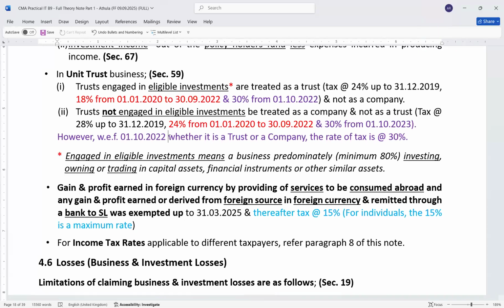So I also have another question when it comes to unit trust. Let's say I'm running a business. I have excess funds and I park them in a unit trust fund. That fund has invested in fixed income, so interest bearing instruments. Now I get a return which is predominantly driven by interest, so I will treat it as interest income.